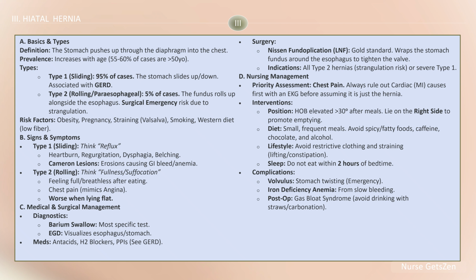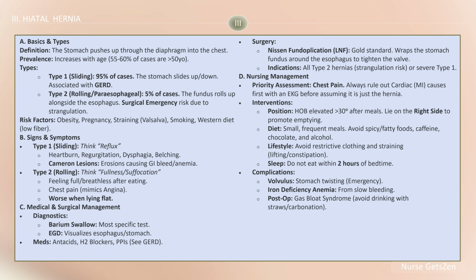Nursing management actions: administer antacids, H2 blockers, or PPIs. Position the patient upright on the right side with head of bed elevated to 30 degrees after meals to promote gastric emptying.